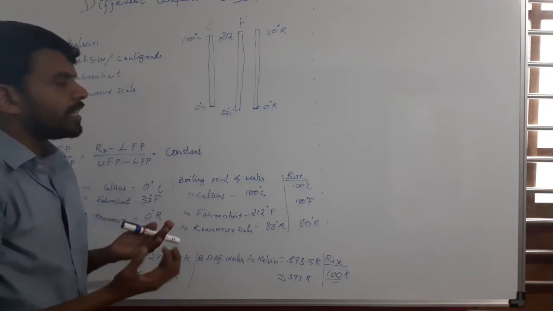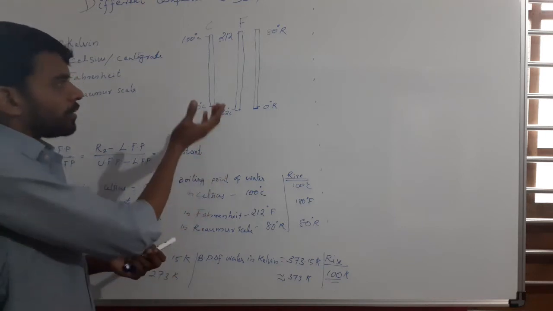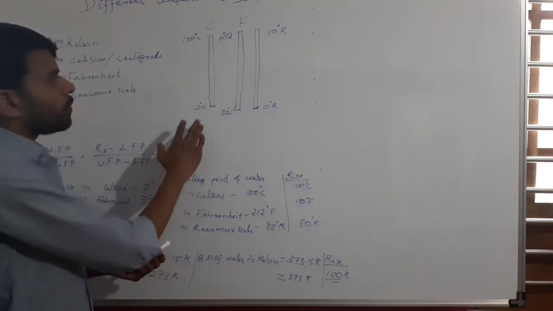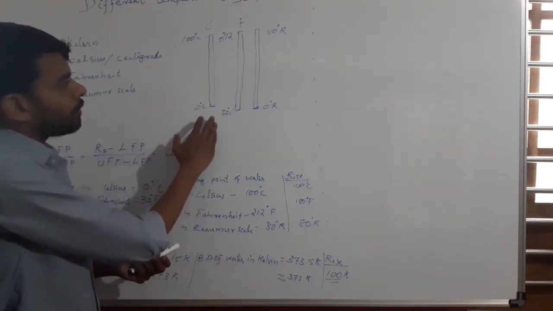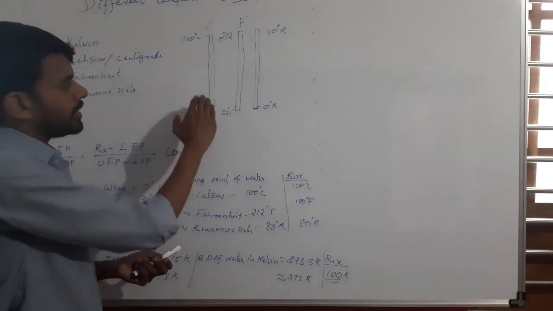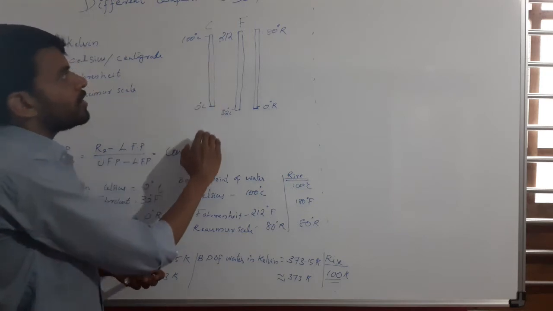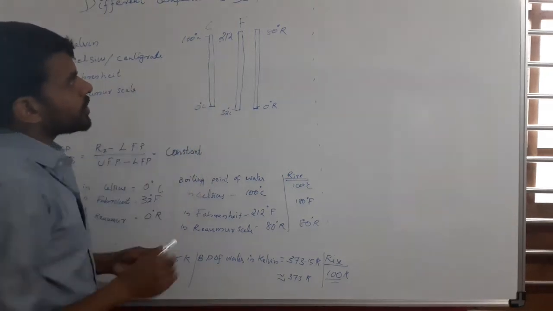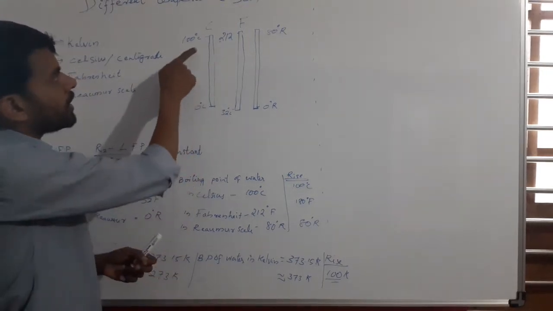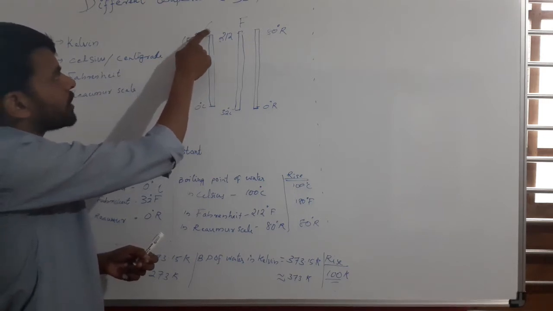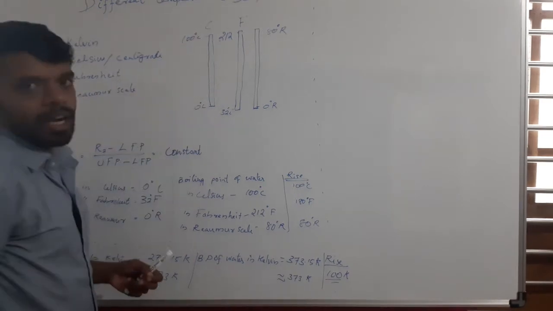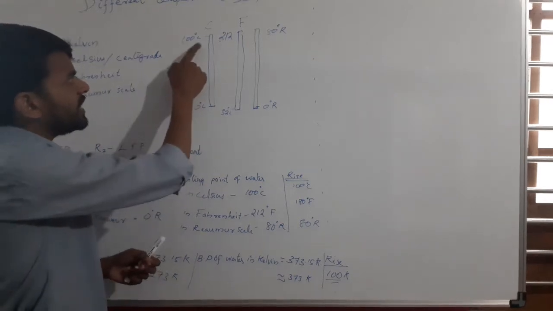Now it is in ice and we are giving the heat. When the heat is given to the ice, the temperature of the water rises. Along with the rise in temperature, the level of the mercury column also increases. So finally the water boils. When the water boils, in the case of centigrade we give the mark as 100 degree centigrade.